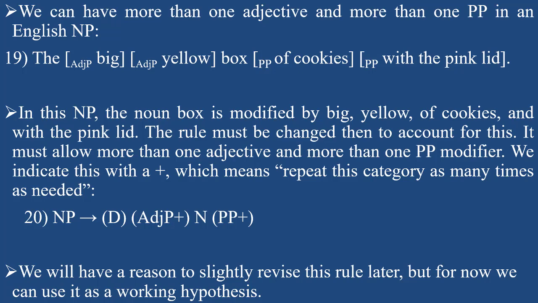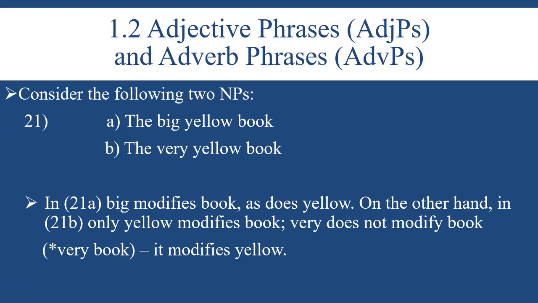So this is how we revise our theory. We add elements, and then we keep revising to come up with a final rule. We will have a reason to slightly revise this rule later, but for now we can use it as a working hypothesis.